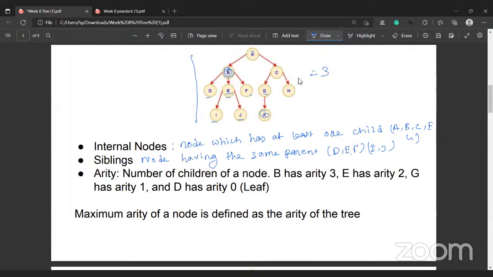Okay, suppose this is A, this is B, and this is C. Then D, E, F, and G. What will be the arity of this tree? 4. Yeah, 4.